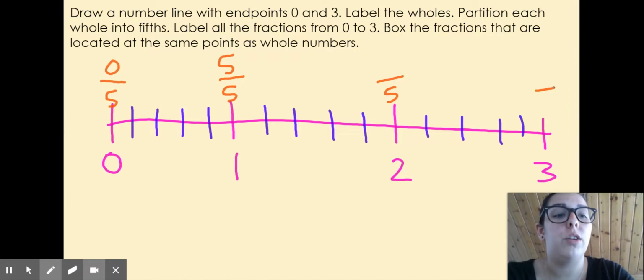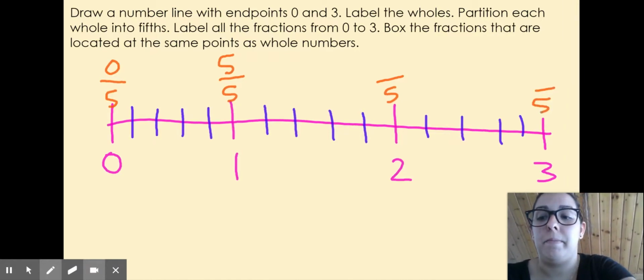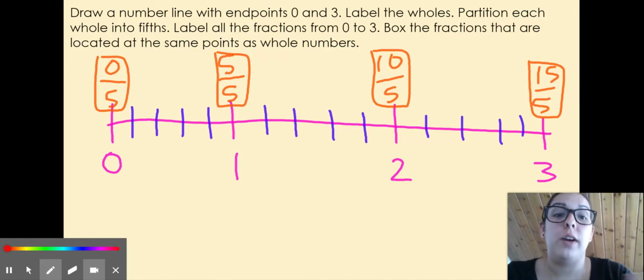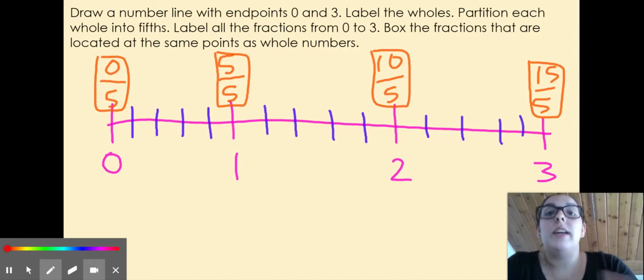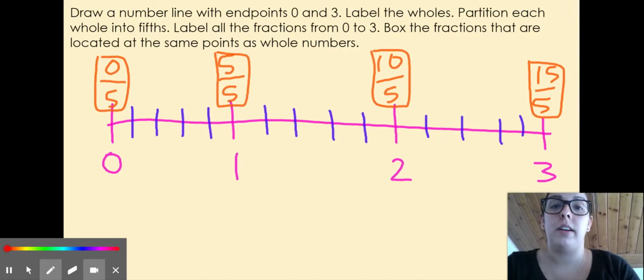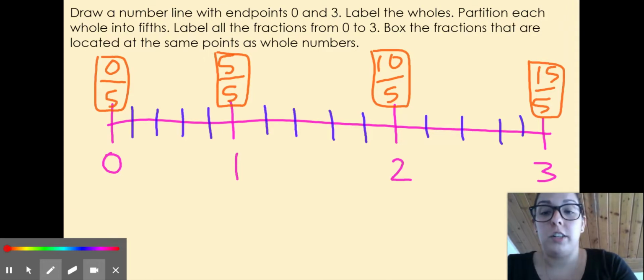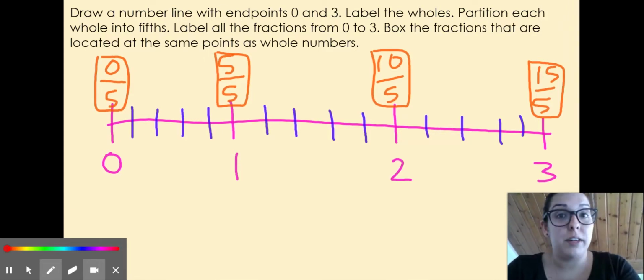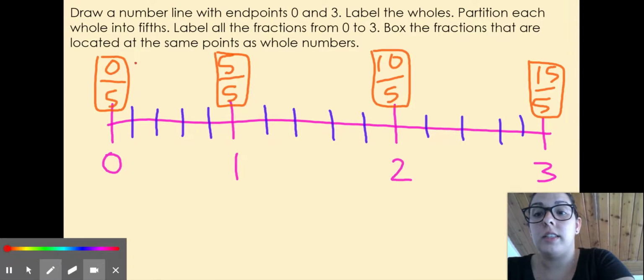Let's do it again with 2. Actually, go ahead, you do it with 2 and 3. Pause the video and come back to me. Okay, did you get 10 fifths for 2 and 15 fifths for 3? Excellent. All right, now it's easier for you to fill in this number line with your partition. So if you start at 0, the next number is 1, so you know that this number is going to be 1/5.